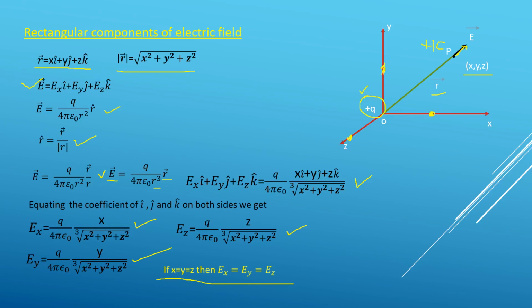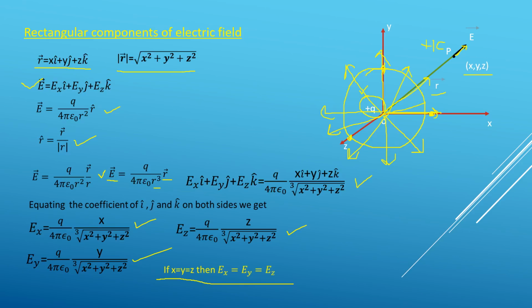Or if we assume a sphere around this charge +q, then electric field due to this charge will be radially outward, like this.